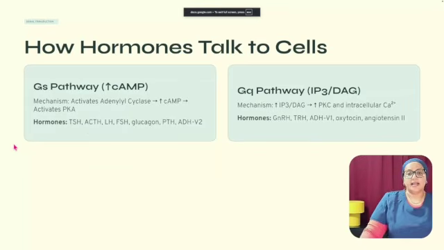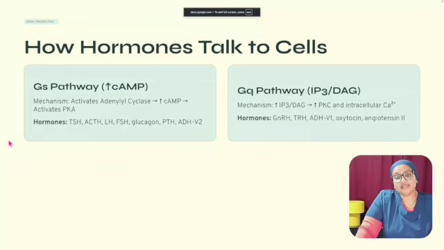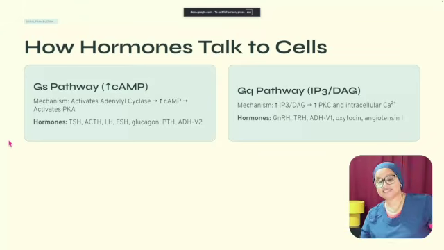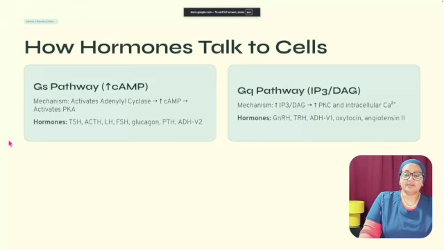And DAG and calcium together activate protein kinase C. Eventually, it results in activating a protein kinase, just like the GS pathway, but it's a different protein kinase. It's protein kinase C. And some of the hormones that utilize this pathway include the V1 receptor of ADH, oxytocin, angiotensin 2, TRH, GnRH, and so on.